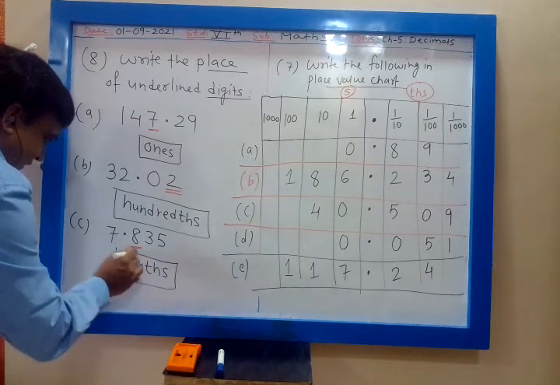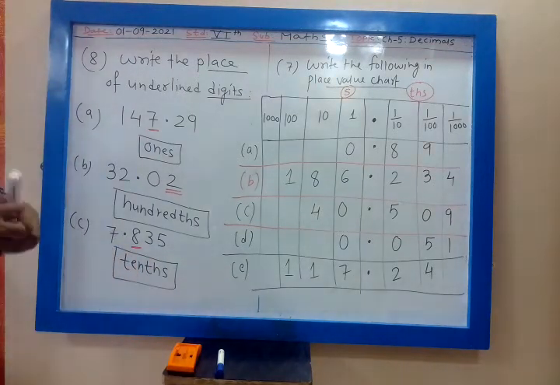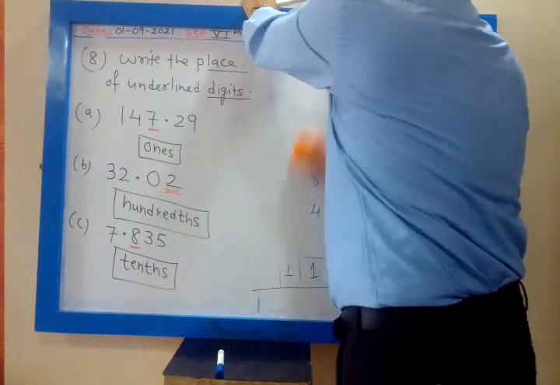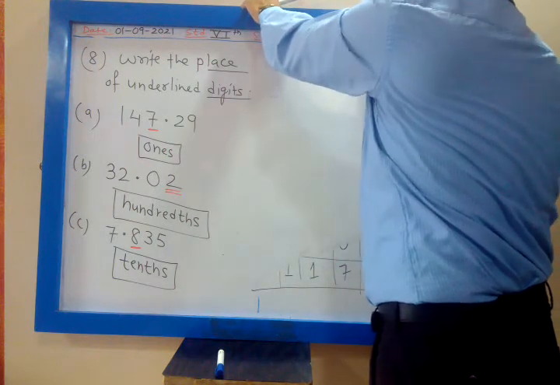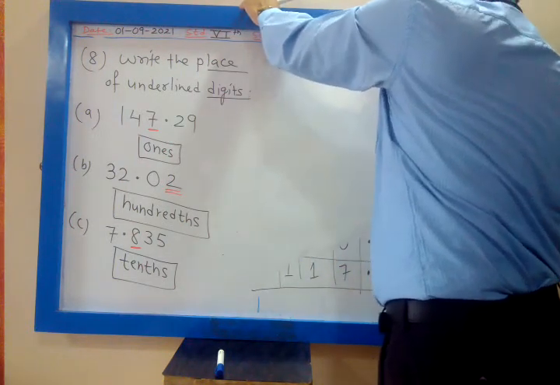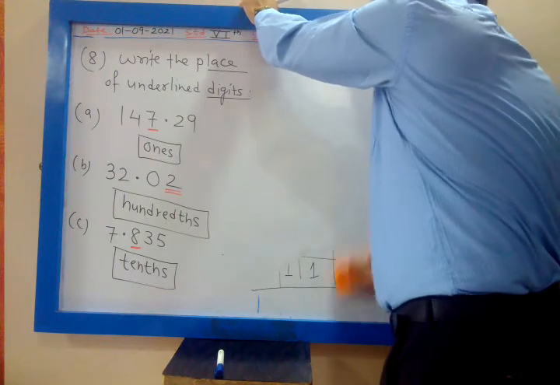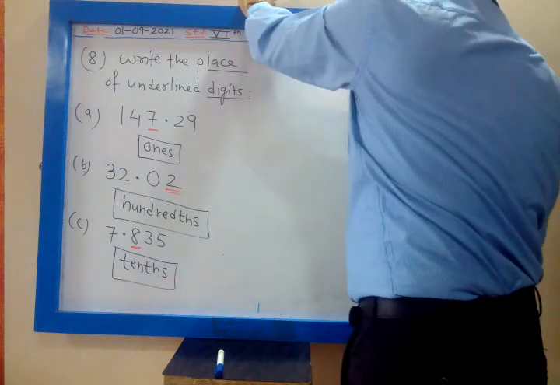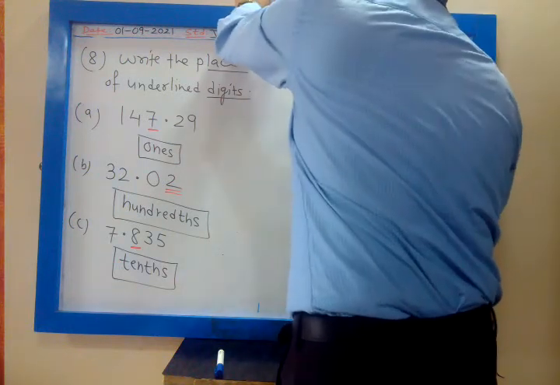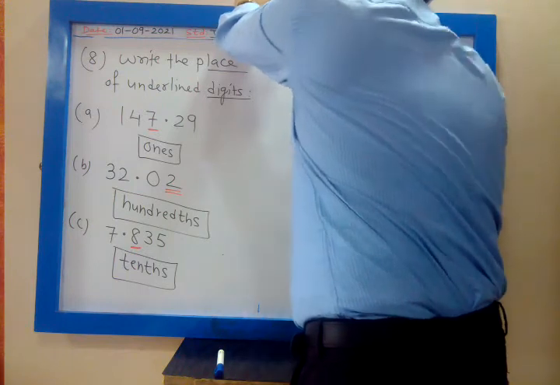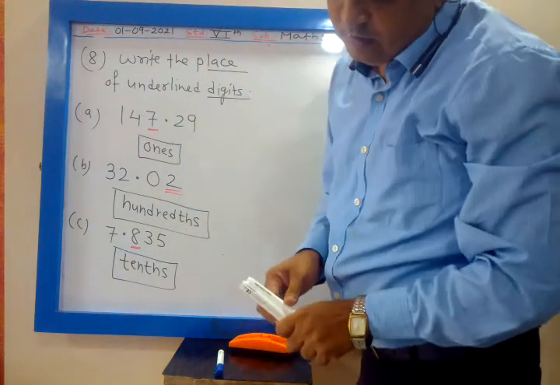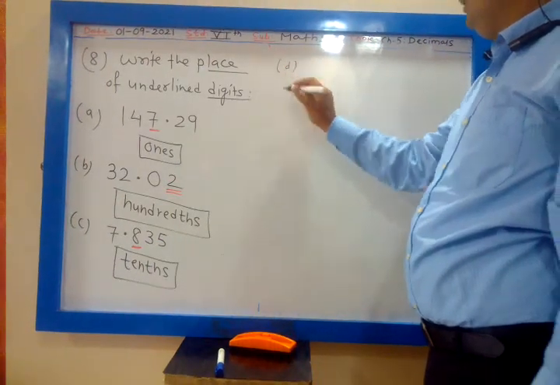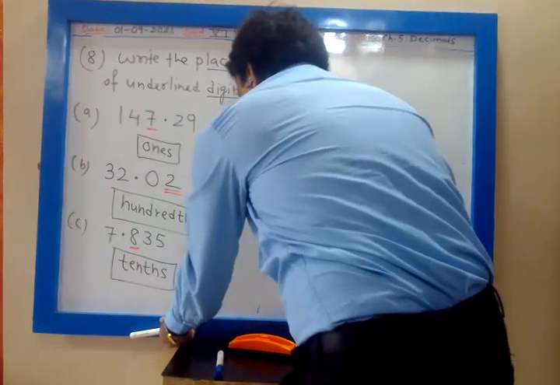The place is tenths. Then the fourth one, D: 15.386.